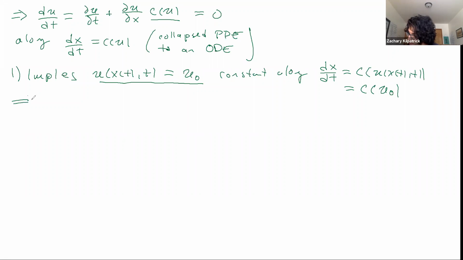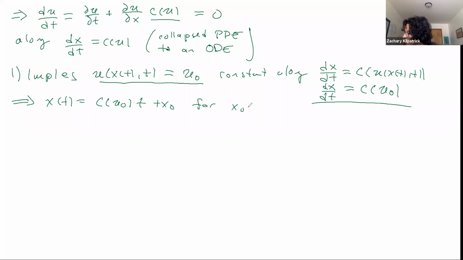Well, how do I solve this? It's actually not too hard because, again, this ODE here is just dx/dt is equal to some constant, okay? So that means that x of t is equal to c of u0 t plus x0, for some x0 that's a scalar that lives in R, okay?